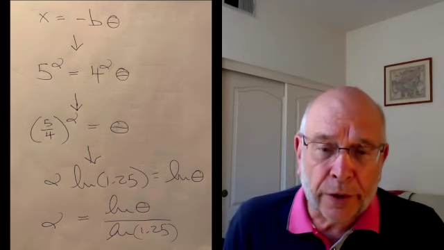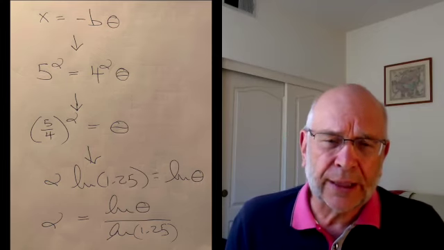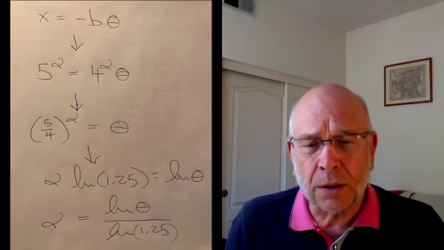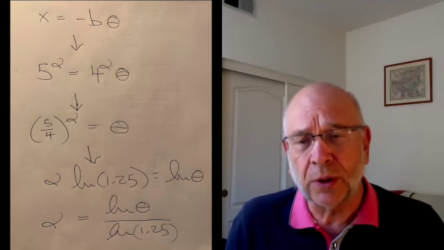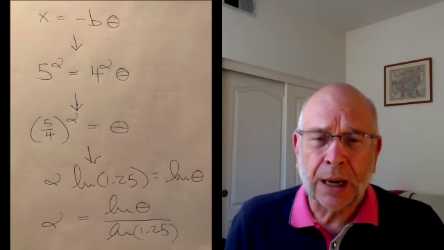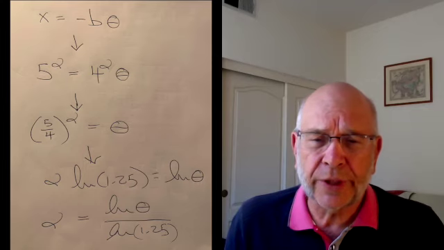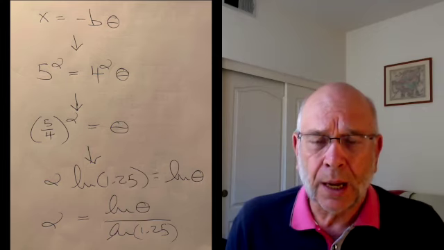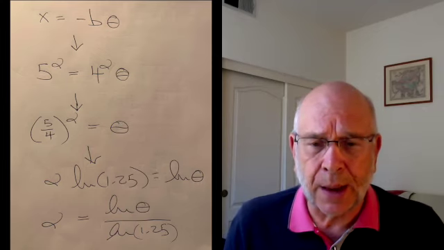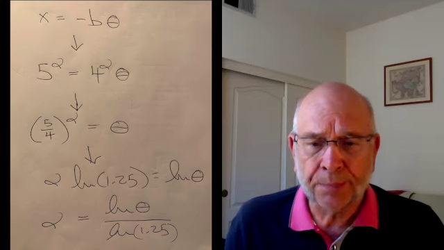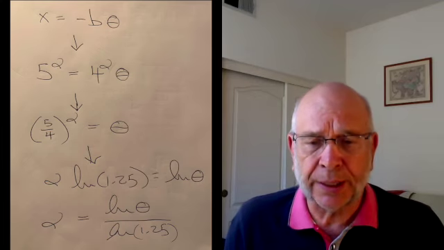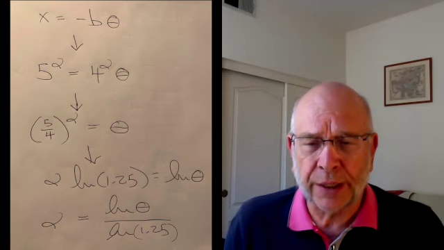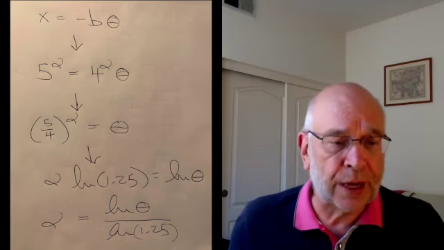We take the log of both sides, and that gives us alpha times the log of 1.25 is equal to the log of theta. Because we're taking the log of theta, theta has to be a positive value, and we'll see where that comes in in just a moment. So now alpha is simply the log of theta divided by the log of 1.25.